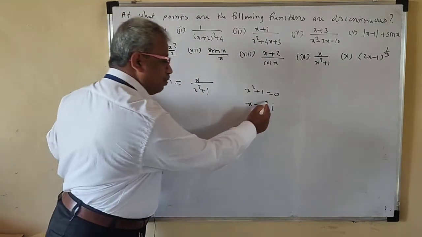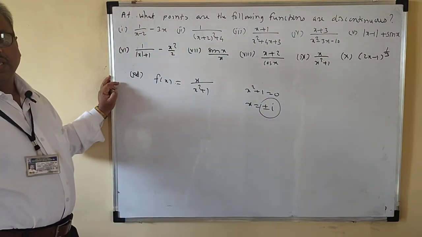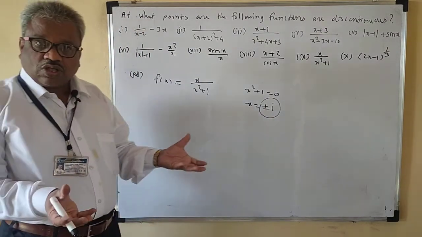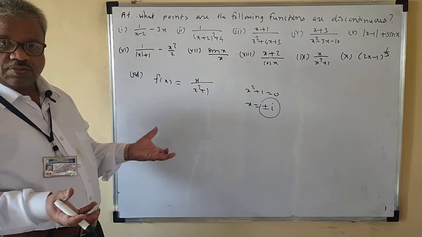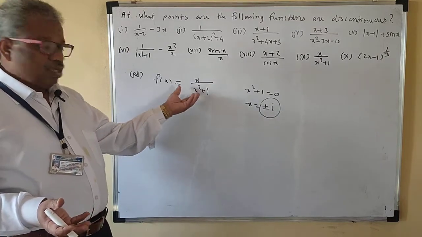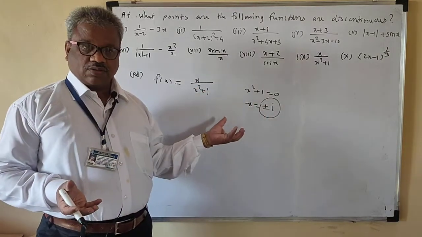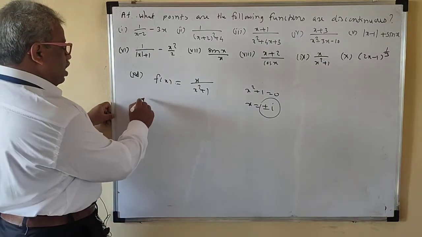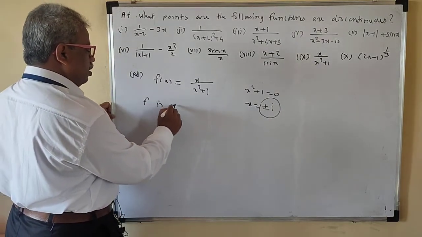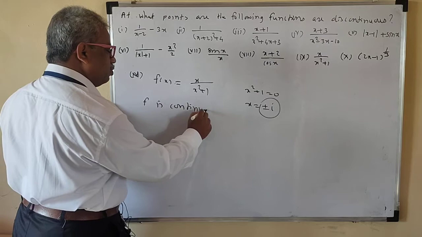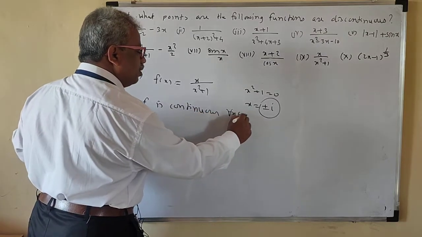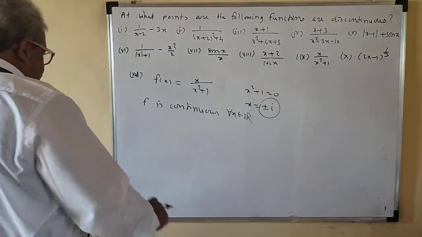But these are complex numbers, these are not real numbers. That means this is a rational function, but the zeros of the denominator are not real numbers. That means here f is continuous for all x belong to R. Okay.